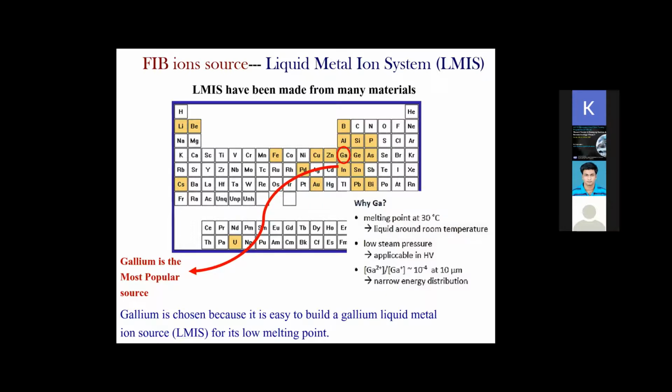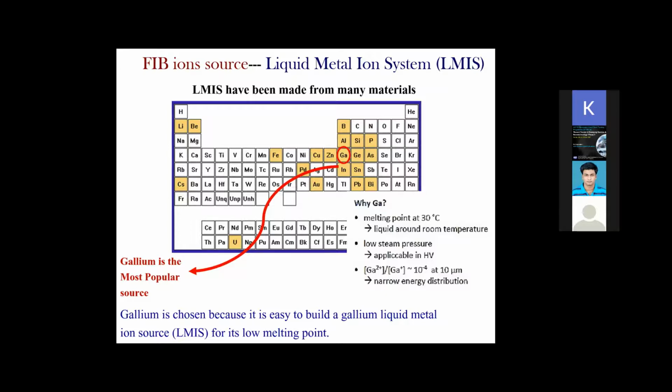Now, in most systems, gallium has shown the best way to be used as an LMIS because of its melting point being around 30 degrees. Also, its steam pressure is low. Now, you have to work in a very high vacuum, so your system has to work in a high vacuum. If its steam pressure is high, then your vacuum will degrade.